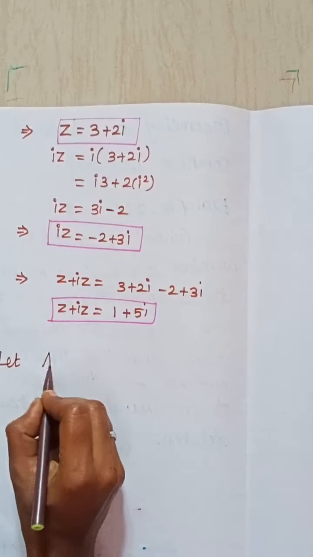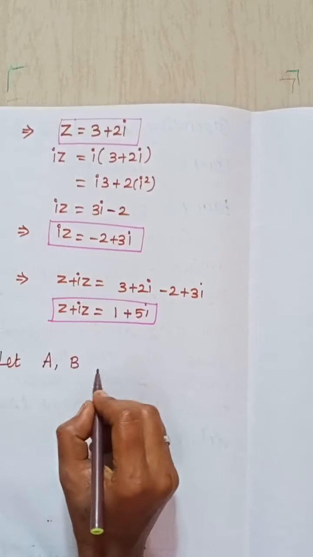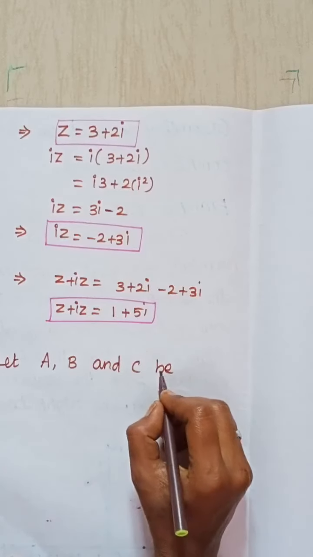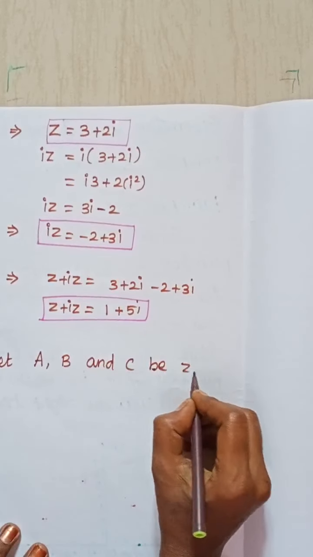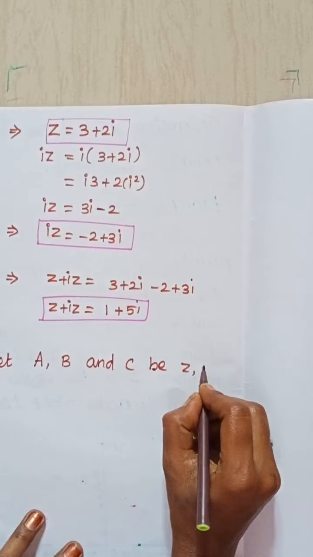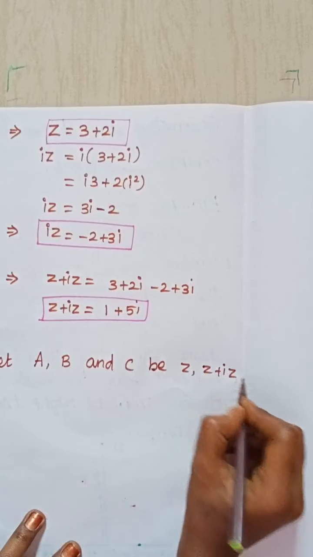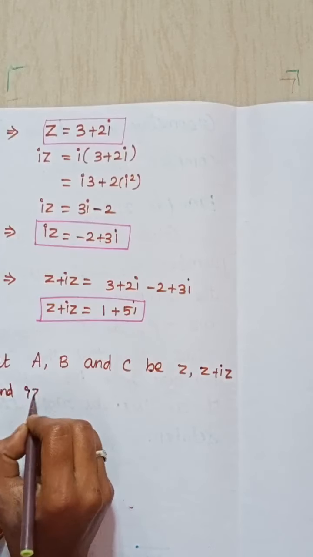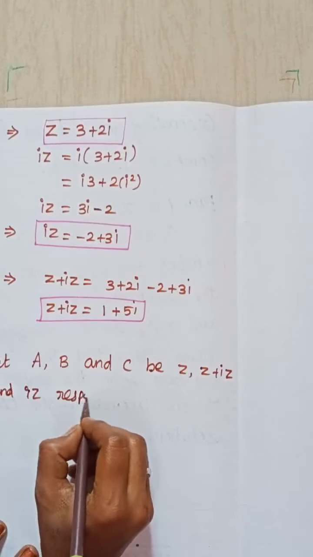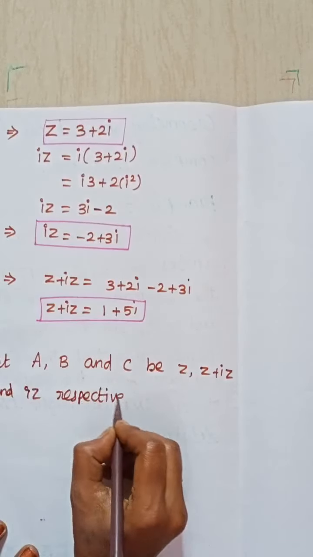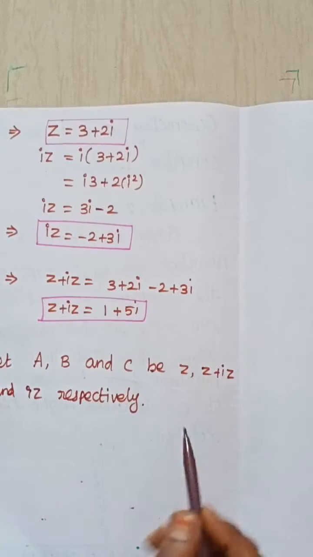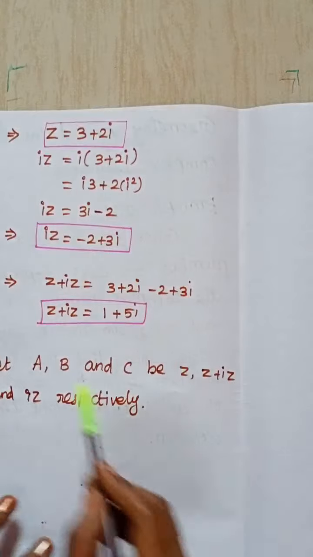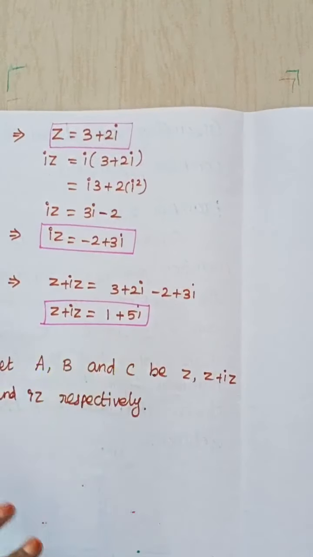Now let us take A, B and C as the vertices z, z plus iz and iz respectively, of the triangle ABC.